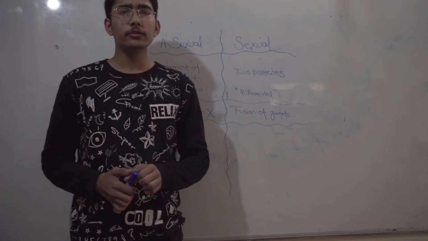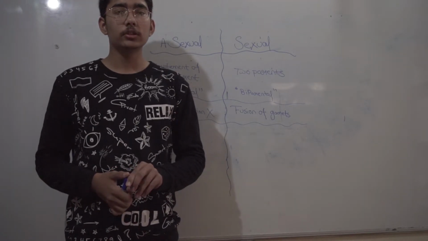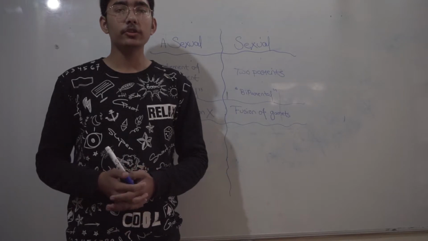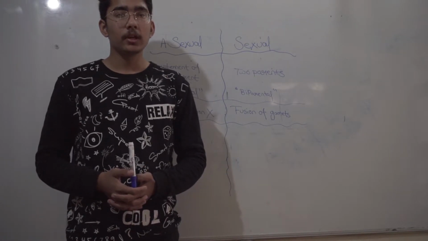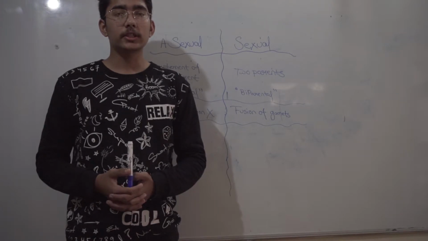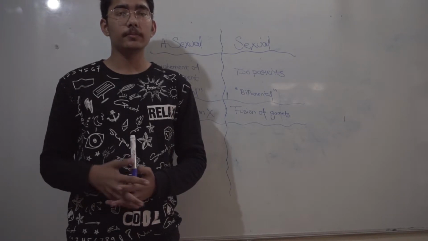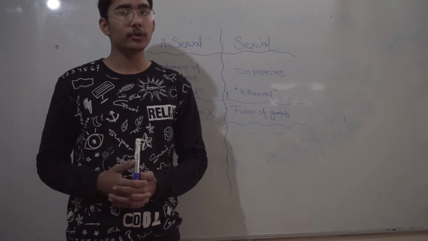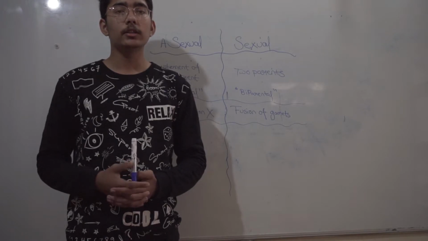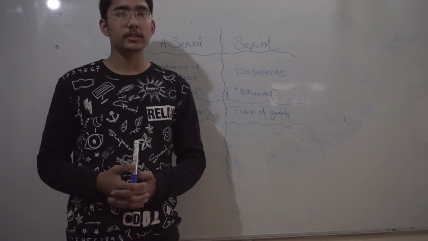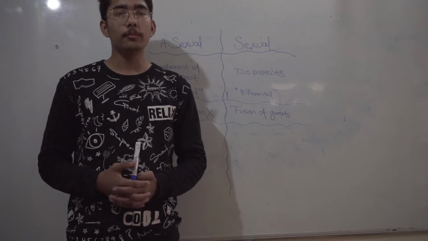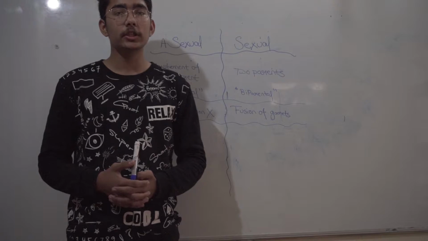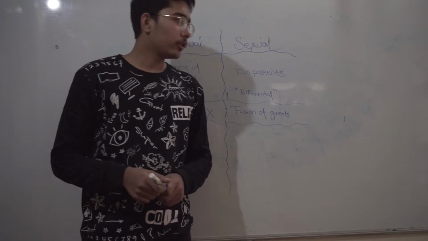Now, all of you know that in sexual reproduction, there is copulation of two parents, male as well as female. When the copulation occurs, the male produces its sex gamete known as sperm, and the female produces eggs. After fertilization, a zygote forms through which a new individual is born.